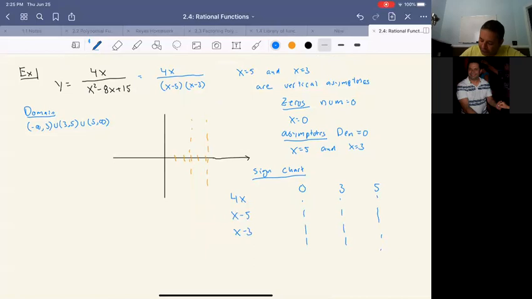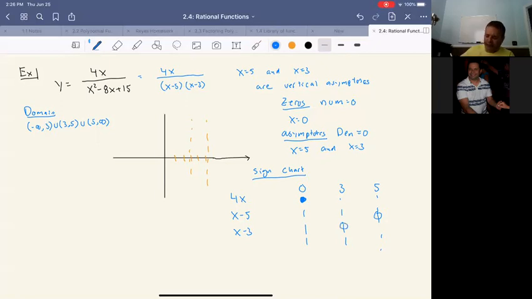The 4x is still going to have a 0 at 0. But when I do the x minus 5, it's still going to be under 5, but I'm going to draw instead a little open circle. The reason I'm drawing that open circle is just to remind myself and you that x equals 5 had to be thrown out of the domain. Do the same thing with x equals 3.